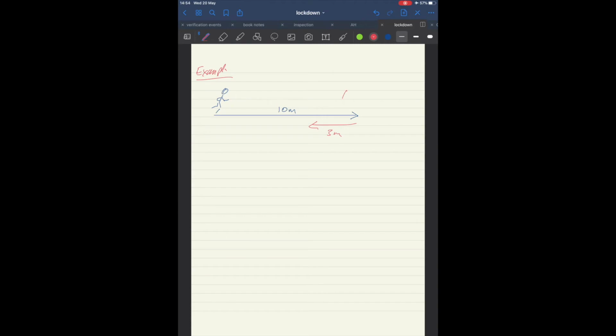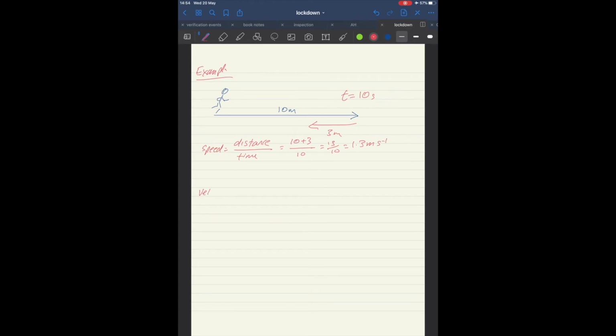The time to do that is 10 seconds. So, first question, speed. What's the speed? Distance over time. What's the distance? Have a think. 10 plus 3 over 10 seconds, so it's 13 over 10, 1.3 metres per second.